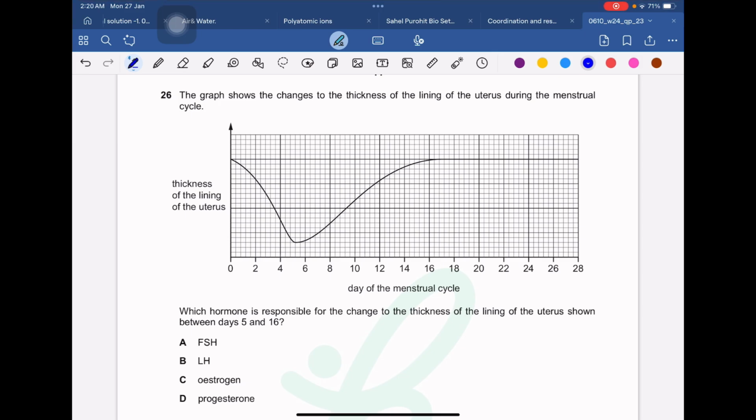In that case, we very well know that the thickness of the uterus lining increases during day 5 to day 16, and that is done by the estrogen, which repairs the uterus lining after it has broken down during the 1st to 5th day. So that's why the answer for this will be C.